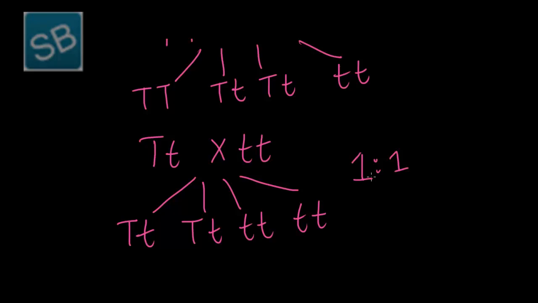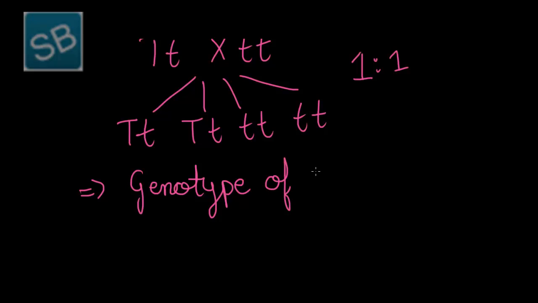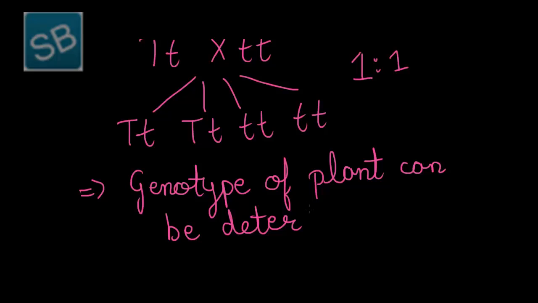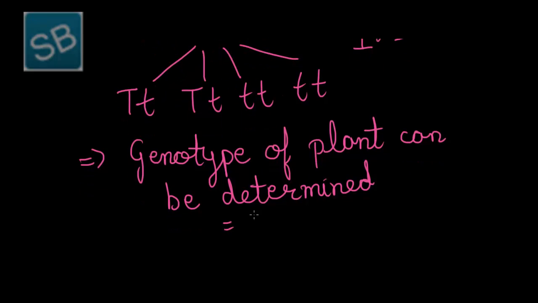That is, there were equal proportions of tall and dwarf plants. Therefore, on the basis of this cross, the genotype of the plant can also be determined. In the case of a test cross, generally the ratio obtained is always 1:1.